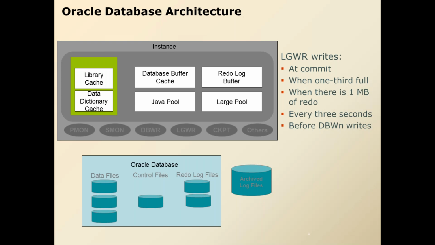So the ultimate source for any change data capture tool, whether it is Golden Gate or any other, is the redo log file or the backup of the redo log file, which are called archive log files. In other databases like SQL Server and MySQL, these are simply called transaction logs.